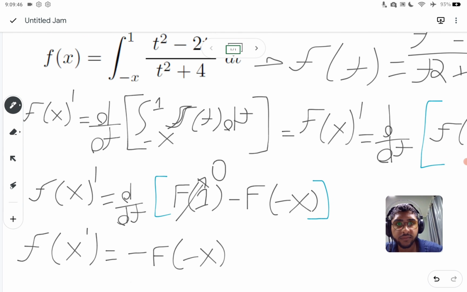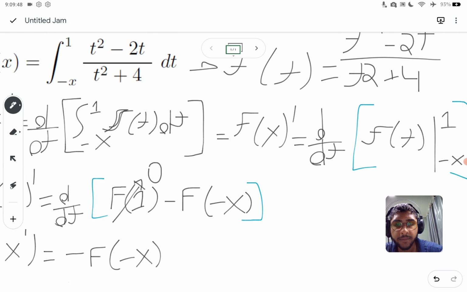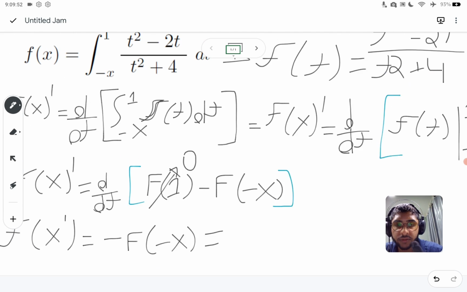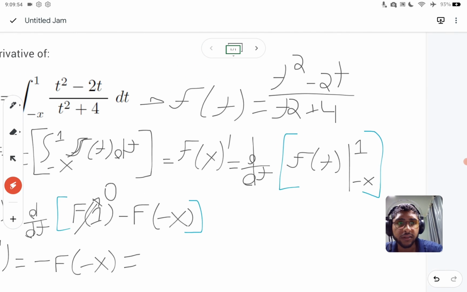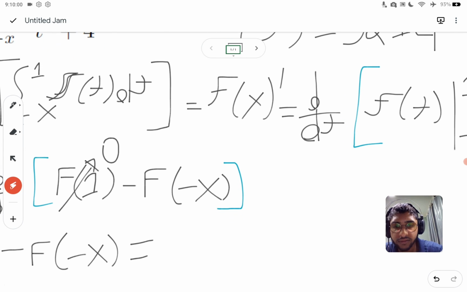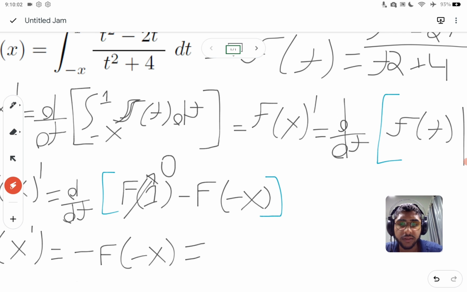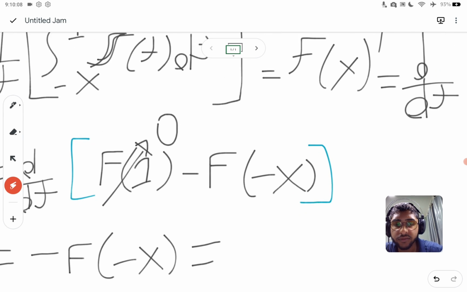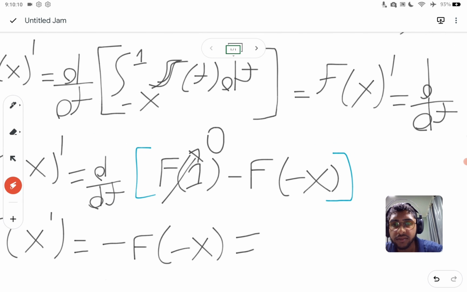Okay, this will be what we call f(t), the function inside the integral. And what we will do now is find the derivative of minus F(minus x). That will be a composite function, right?